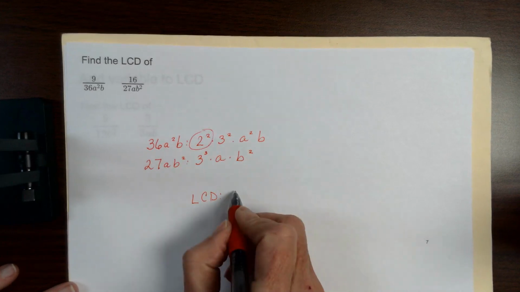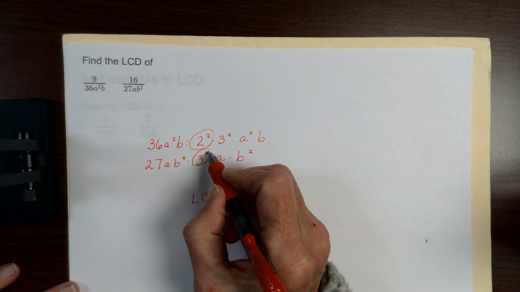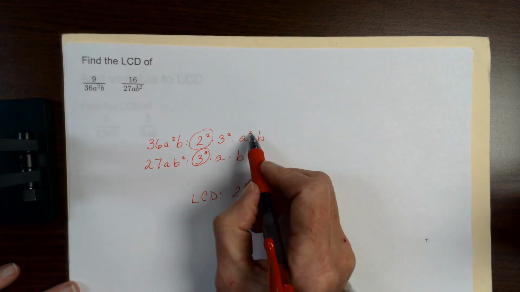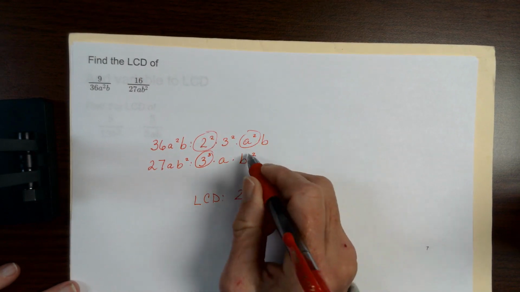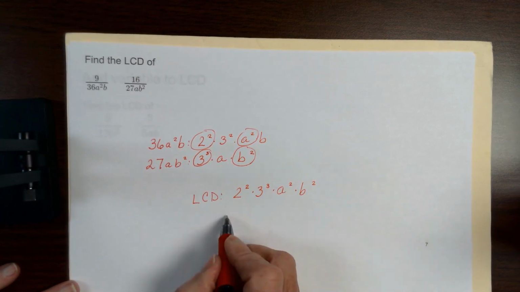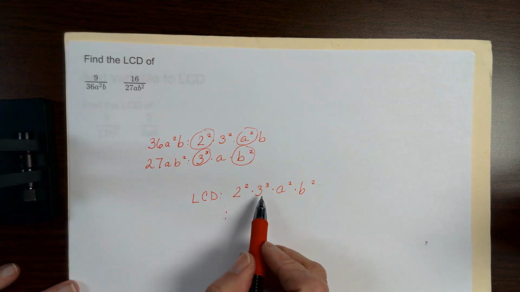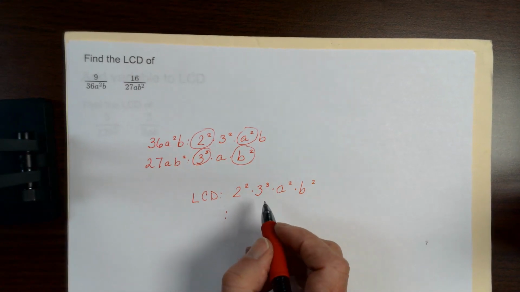So the least common denominator, I'm going to take the highest power of 2, which is 2 to the second power, the highest power of 3, which is 3 to the third power, the highest power of a, which is a to the second power, the highest power of b, which is b to the second power, and I multiply them all together. So this is going to give me a 4 times a 27. Let me do it.